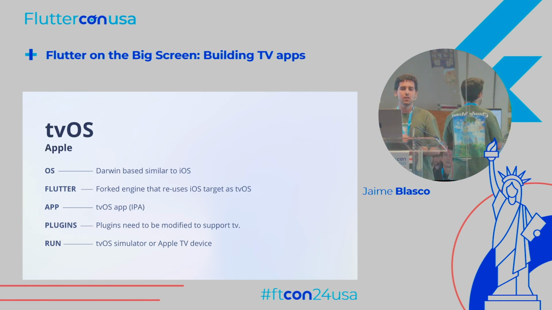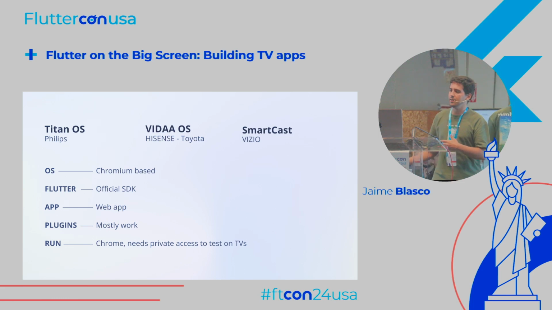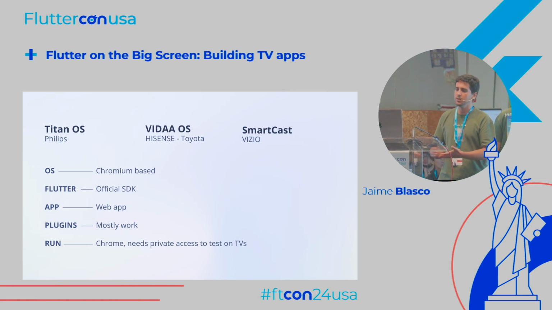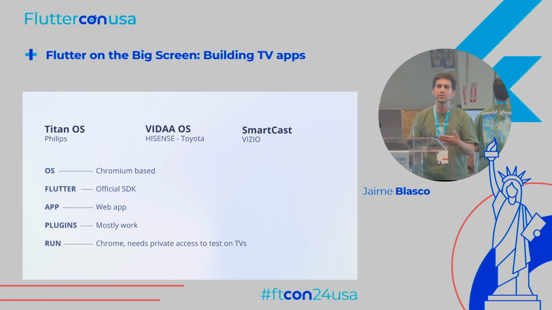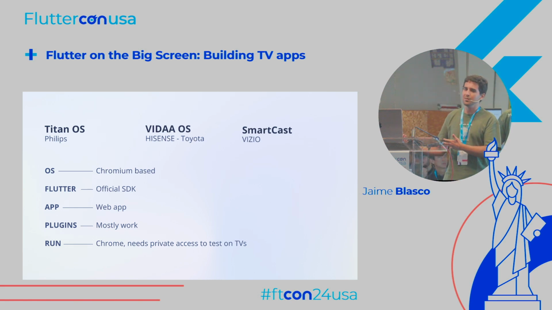And then last, I mentioned these ones that maybe are less familiar, and I grouped them all together because they are very similar. They are all Chromium-based operating systems, so you are building web apps, and they're also a bit more private. For the other ones, you always have public information and public documentation, but here the tooling is private. You can develop the whole app without needing to contact them. But for these three, they ask you first to try to create a partnership.